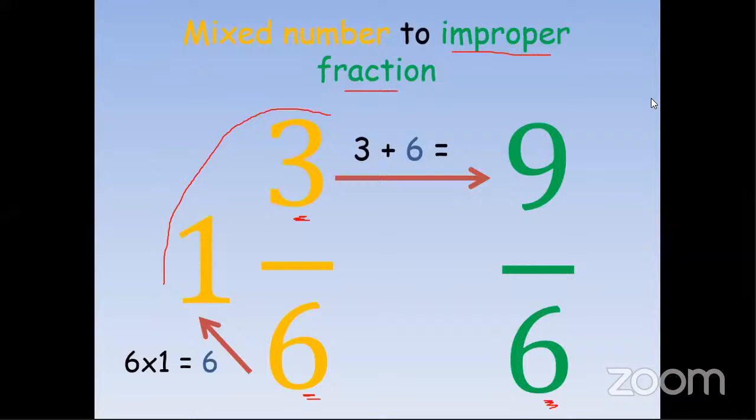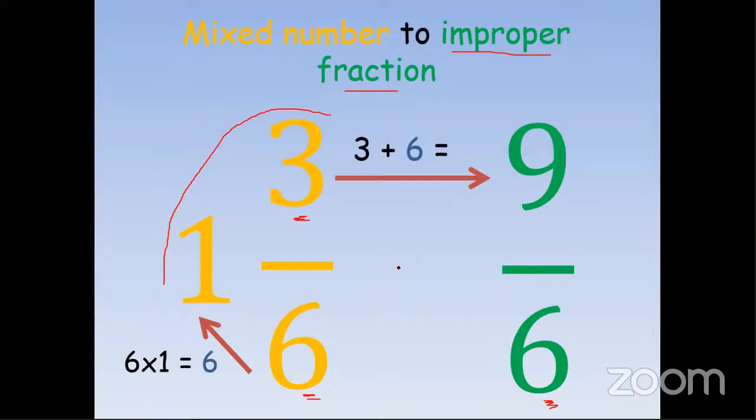I told you when you're converting improper to mixed, do not reduce it down. That's what I'm trying to emphasize. Do not reduce it unless you are told to do so. First, convert it as it's supposed to be, because when you reduce it, it does not go back to the original, as we are going to see.